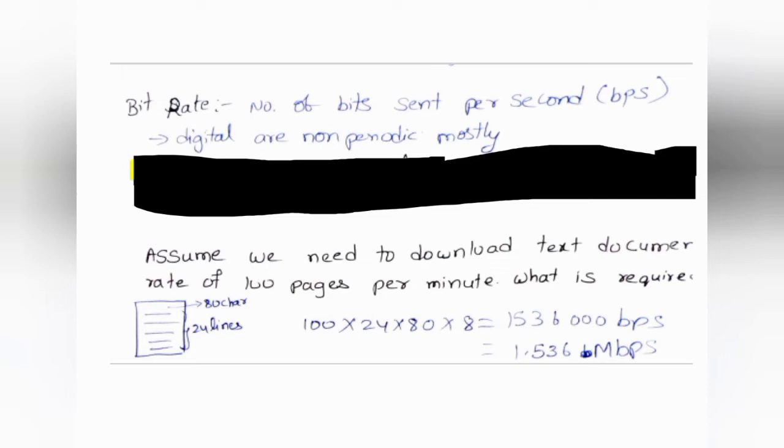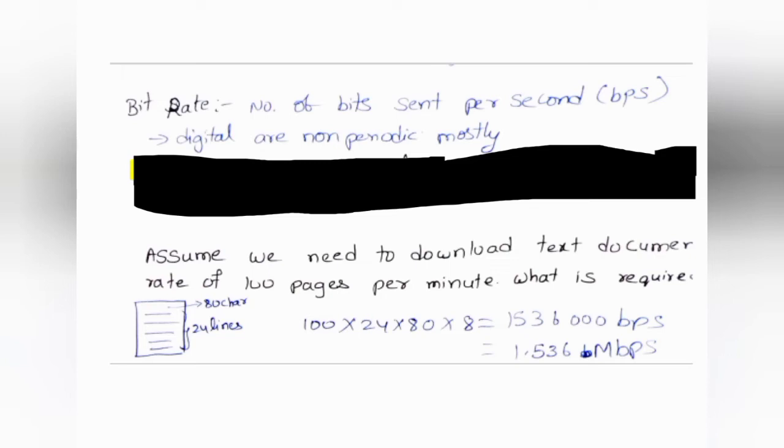So we use the bit rate in digital signals, similar to how we use frequency in analog signals. Bit rate is measured in bits per second, bps.